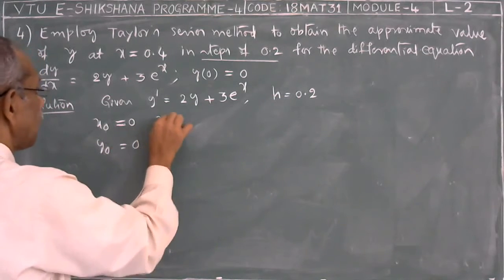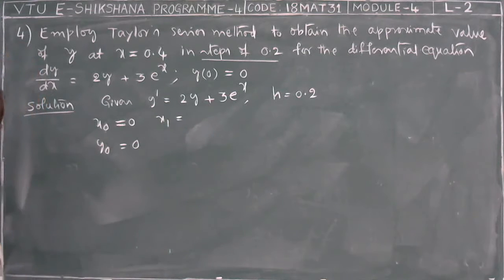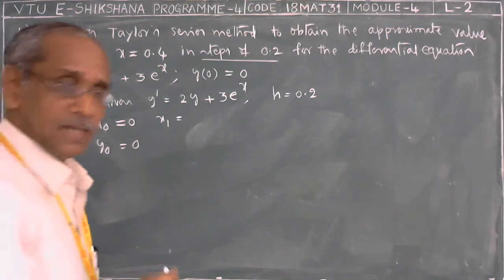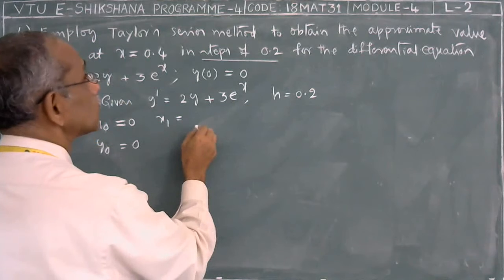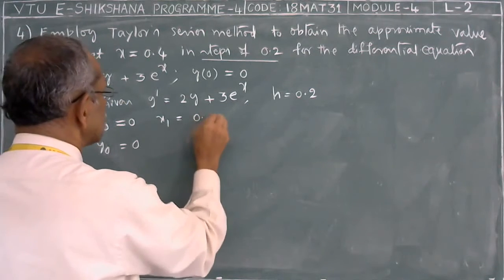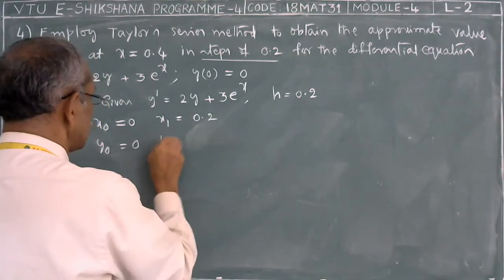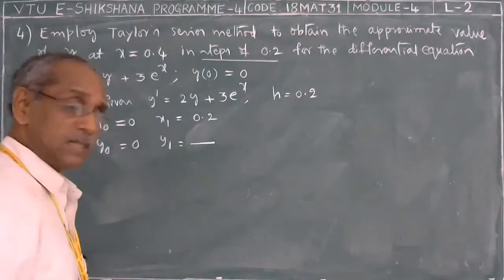Then the next value of x: x naught plus h is x1. x1 is 0 plus 0.2, so it is 0.2, and the corresponding y1 we have to find.